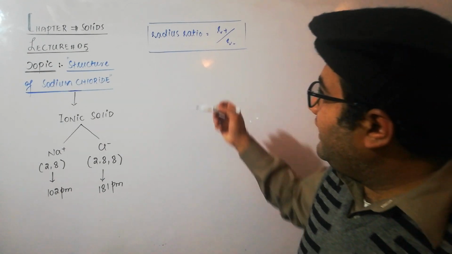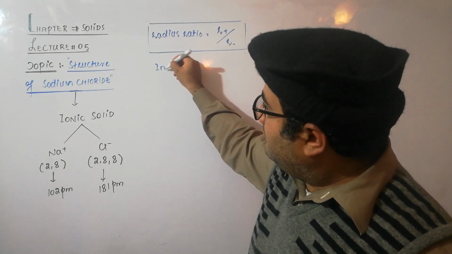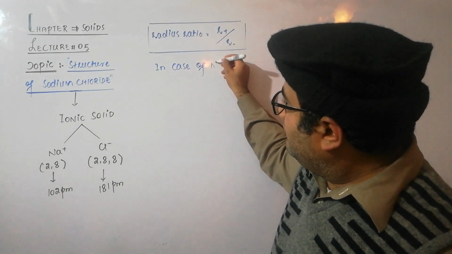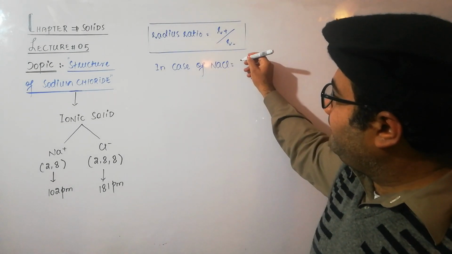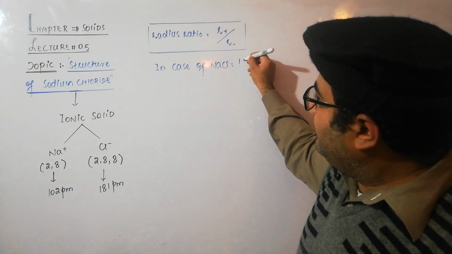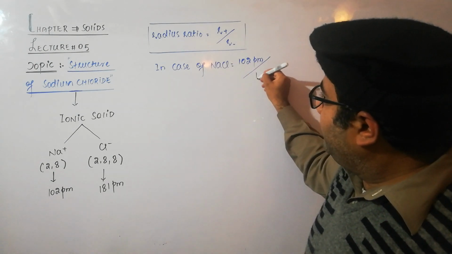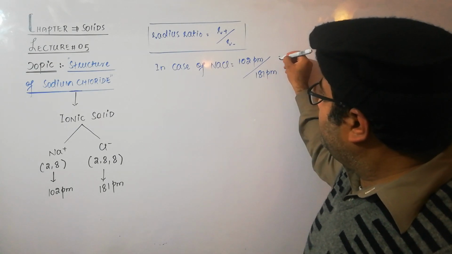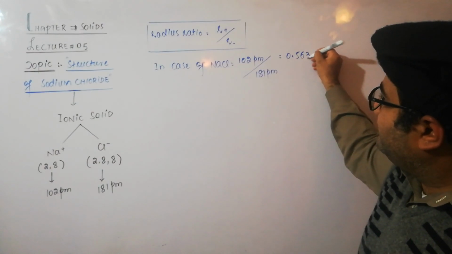Now, in case of sodium chloride, what should be the radius ratio? That will be 102 picometer divided by 181 picometer, and it comes out to be 0.563.